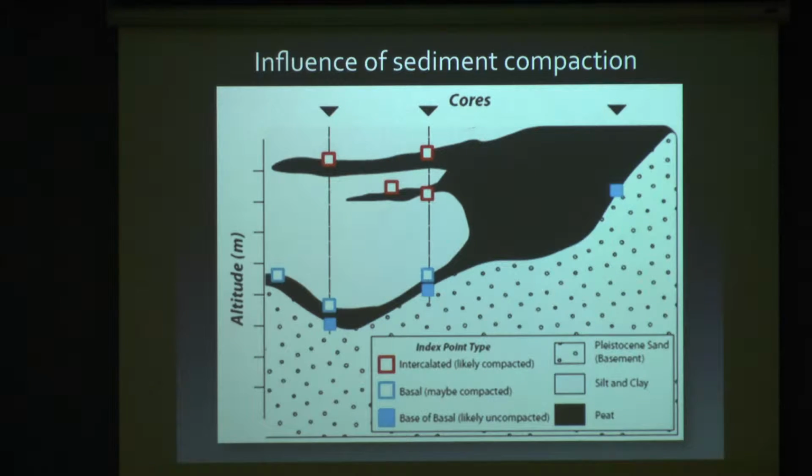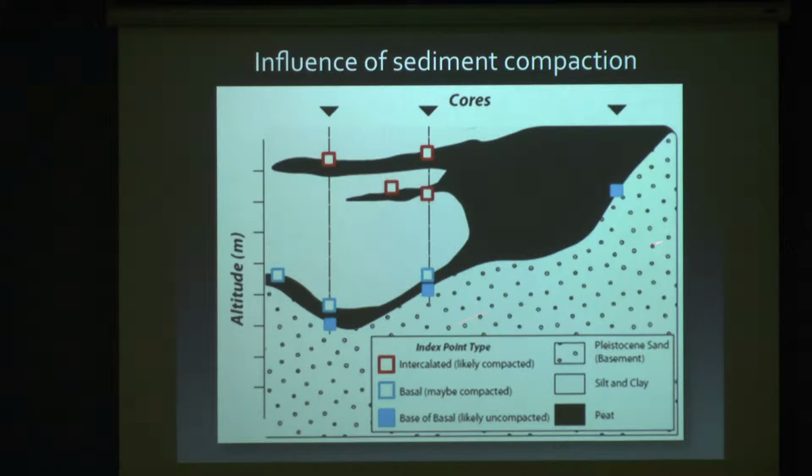Another process that results in the downward displacement of samples is sediment compaction, which lowers the position of an index point and then your past estimate of relative sea level. We can account for this by classifying index points based on their position in a stratigraphic sequence.